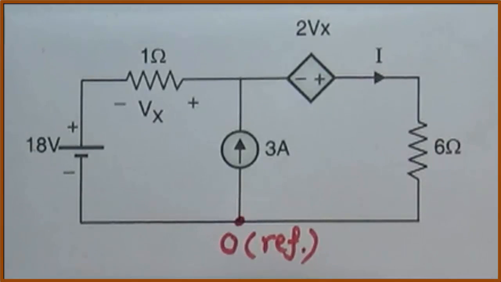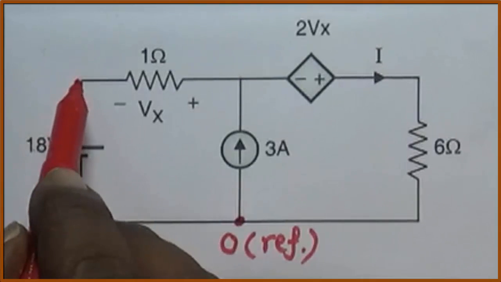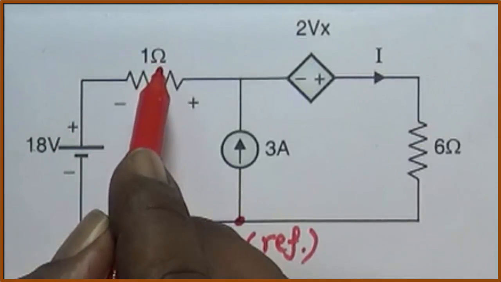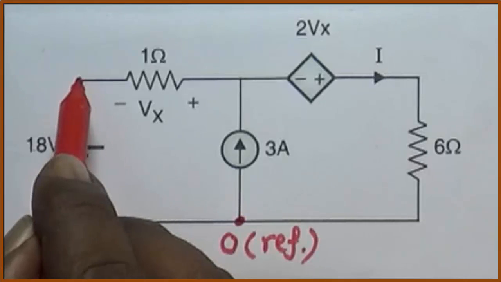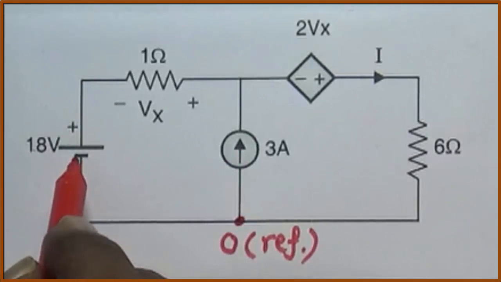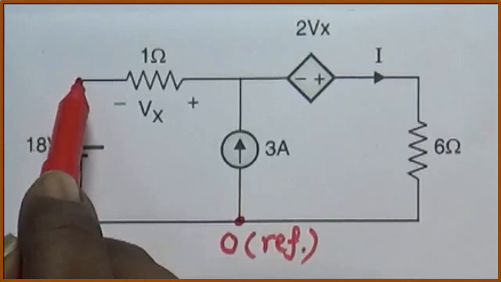Now, what are the other nodes to be considered for nodal analysis? Here, this point, which is a junction of the 18 volt battery and the 1 ohm resistor. Between this point and the reference, a battery of 18 volt is directly connected, so this voltage is 18 volt.